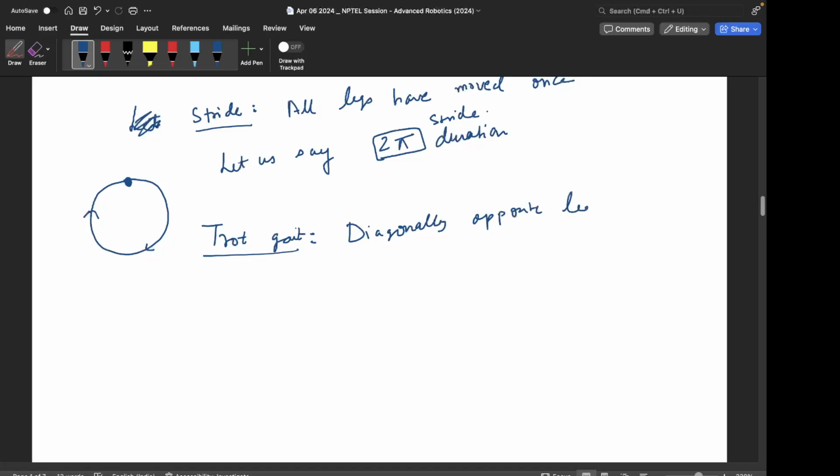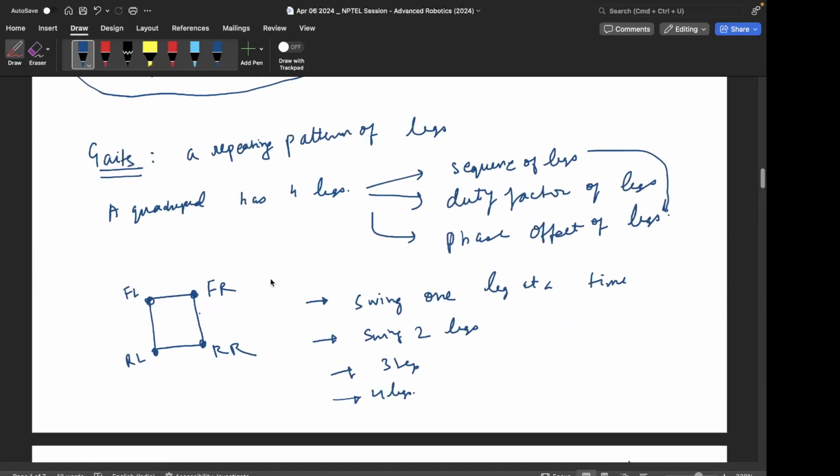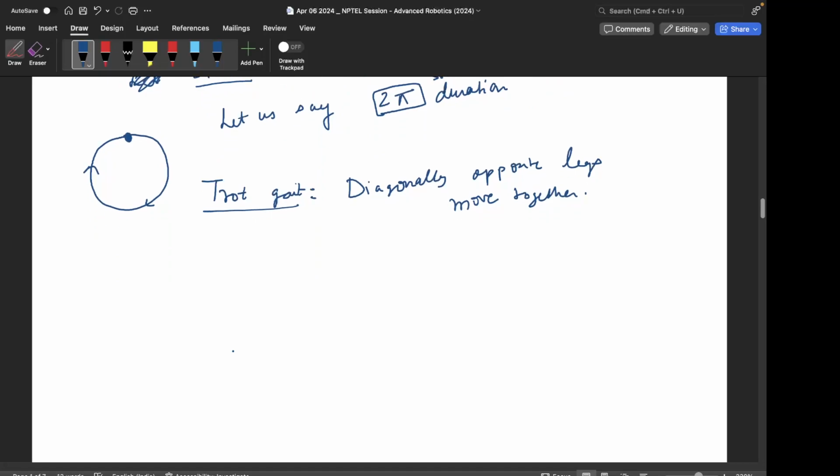So what are the diagonally opposite legs? FR and RL, and FL and RR. Right. So FR and RL move together, and FL and RR move together. These are the two sets of legs.